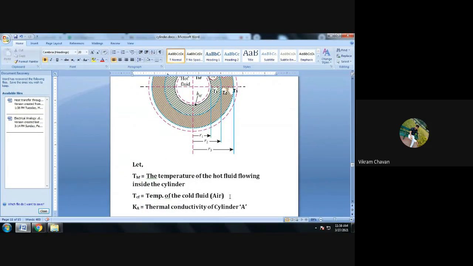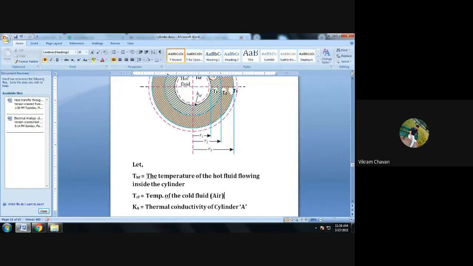T suffix Cf is equal to the temperature of the cold fluid.